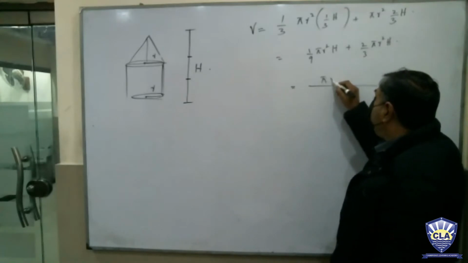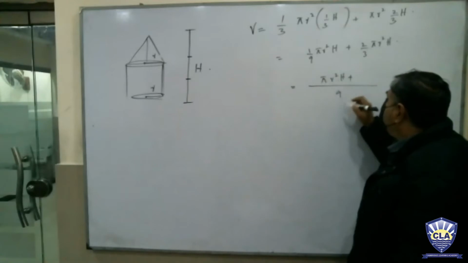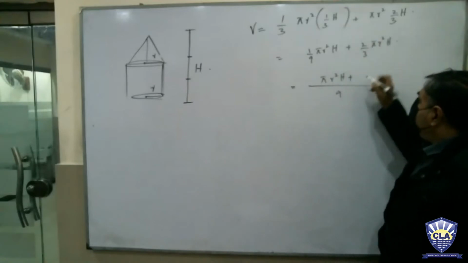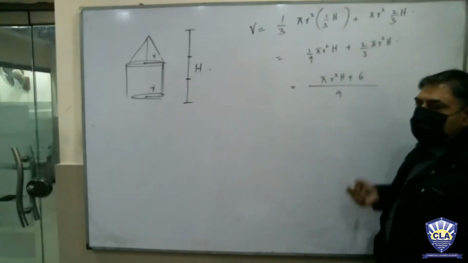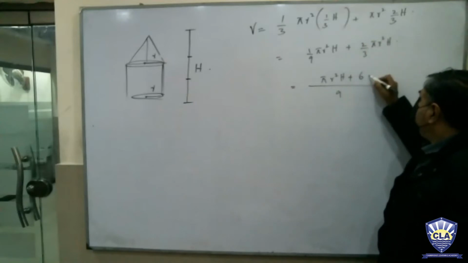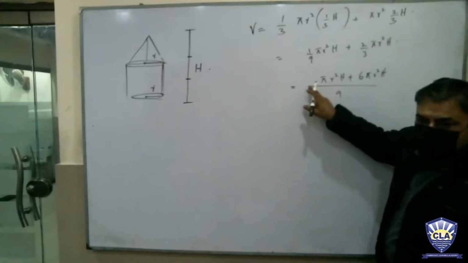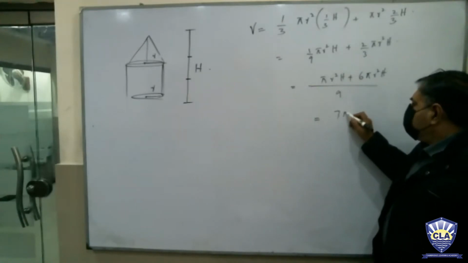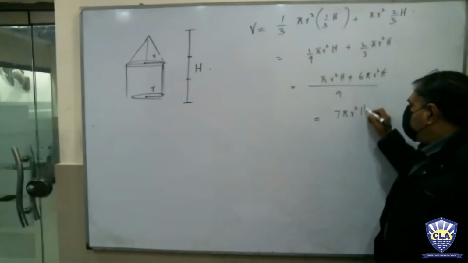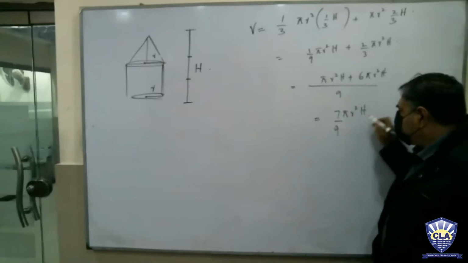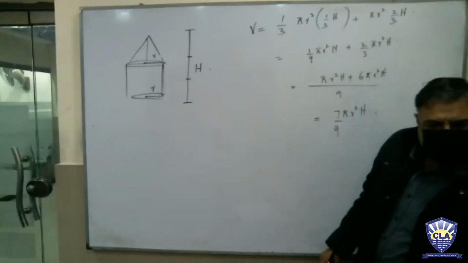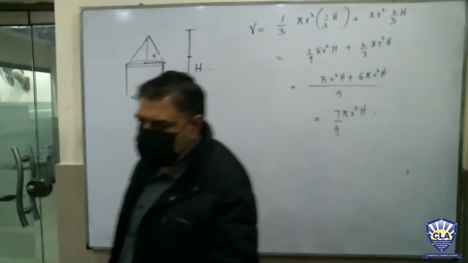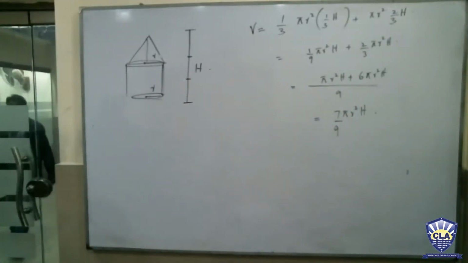It will be equal to pi r square H plus 3 2s are 6, 6 plus 1 is 7, so 7 pi r square capital H over 9, in terms of capital H. It is another way. Okay.